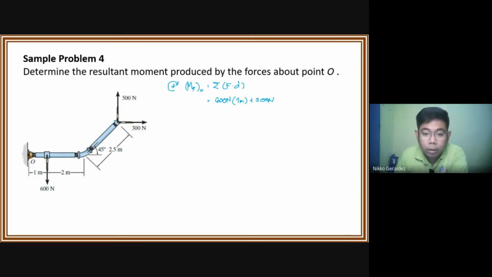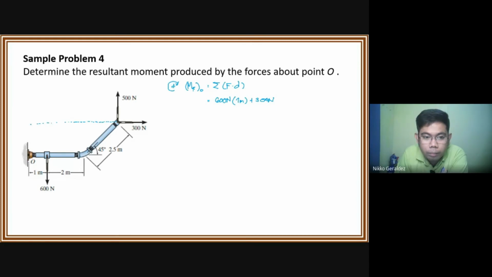To compute the perpendicular distance, ano yan? Una, pakita natin yung line of action ng 300 Newton. Pag line of action ng 300 Newton, na-extend natin.